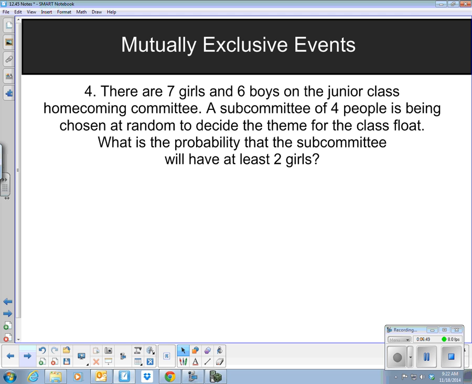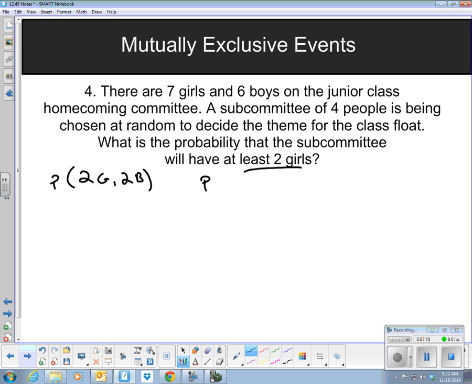So, 7 girls, 6 boys in the junior class homecoming committee. A subcommittee of 4 people is being chosen at random to decide the theme for the class float. What's the probability that the subcommittee will have at least 2 girls? So this one's tricky because there's a couple different situations here. You have to have at least 2 girls on the committee. Well, that means that you could have 2 girls, which would imply you have 2 boys.